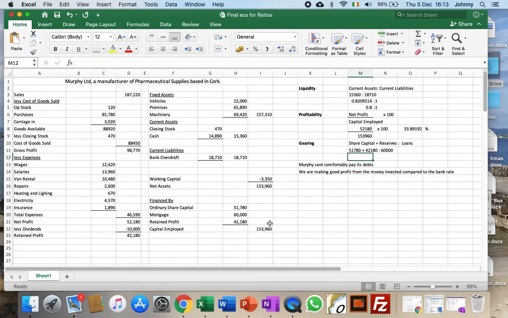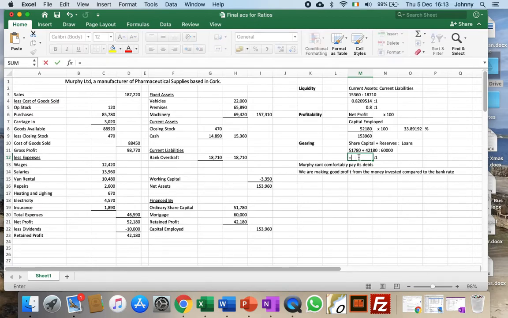Now, if the share capital and reserves is more than the loans, then we are relatively low risk. And we can see in this case it's a lot lower. So I'm going to work this out, and a bit like what I did up here with liquidity, I'm going to try and make it something to 1. So I'll add my share capital and reserves together and divide by my loans, and that will give me the answer.